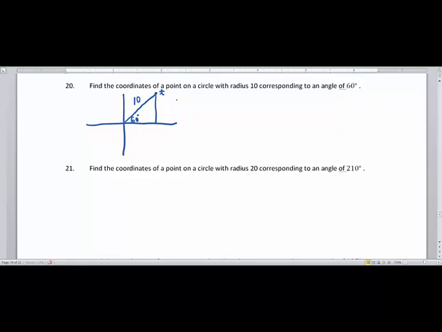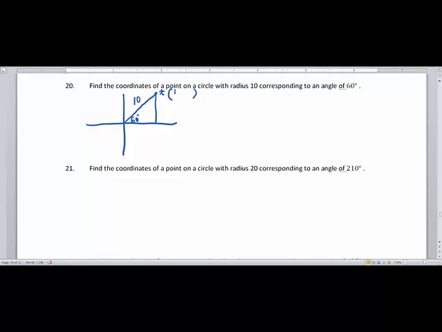Now the big question is, well, geez, how am I going to find anything just knowing what I know? Well, what's good about the 60-degree relationship here is we know our sine and cosine value. Now, this sine and cosine value would be if the radius was, instead of 10, if it was just 1.